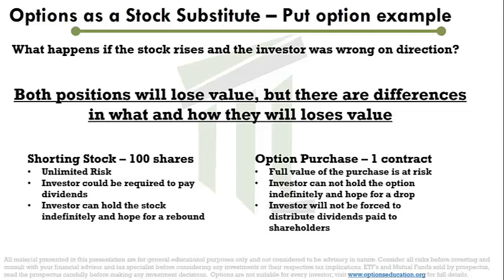The investor cannot hold the option indefinitely and hope for that drop, but the investor will also not be forced to distribute dividends that are paid to the shareholders. So when looking at a put option, there are many reasons why an investor might choose to utilize a put option in order to benefit from a down market.